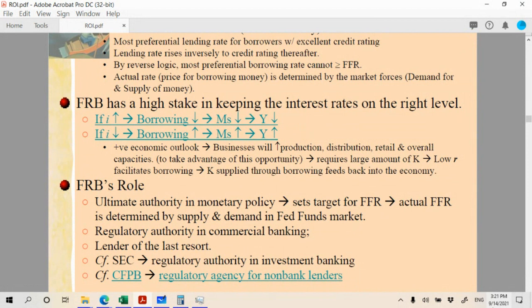Between the Federal Reserve and the commercial bank, it's not credit and debit on the balance sheet. On the balance sheet, it's the asset side and the liability side.